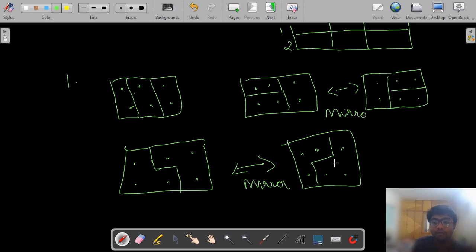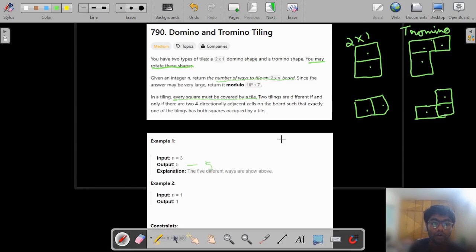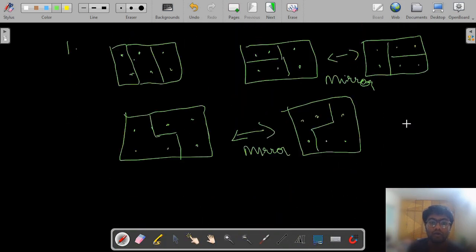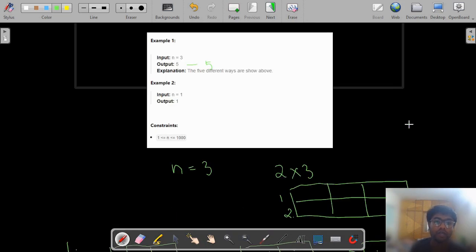I believe this example gives us a hint on how to solve this problem. If we look closely, we are also given another example where n equals 1, which means we would only have a 2 cross 1 tile, that is something like this.